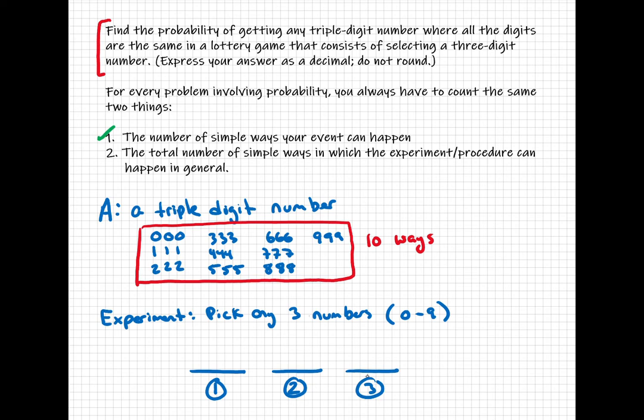Anytime you're doing something in sequence, in multiple steps, always have to multiply. So this is the fundamental counting rule. It says you count how many ways each step can be done, and then you multiply those results. For that first number you have to pick, you have 10 choices.